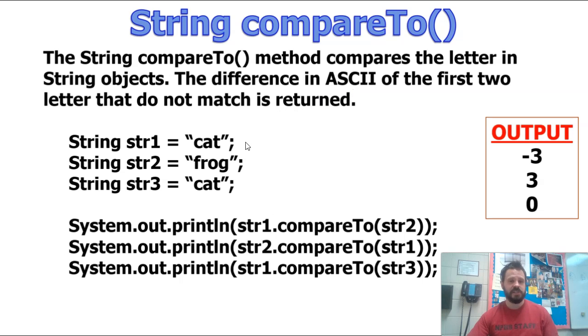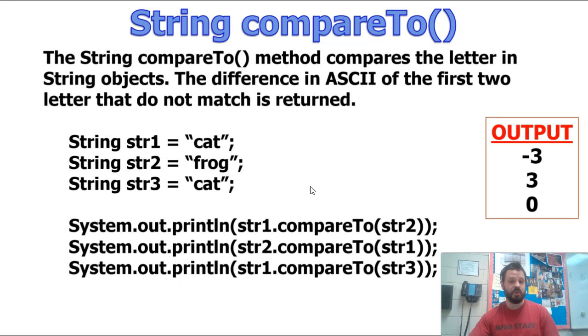So let's make a couple of strings. Let's make str1 have "cat", str2 get "frog", and str3 get "cat". When I run this code, str1.compareTo(str2), I'll get returned a -3, and the reason for that is F is 3 letters away from C. So C, D, E, F, yep, 3 away. Meaning that if the string that I call this on comes before the string that we pass in as the parameter, I'll get a negative value returned, and that value is going to be the difference in letters of the first letter that doesn't match up.